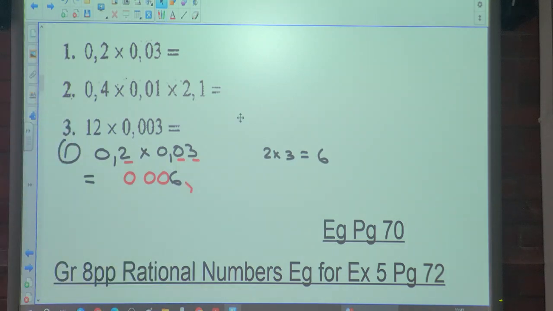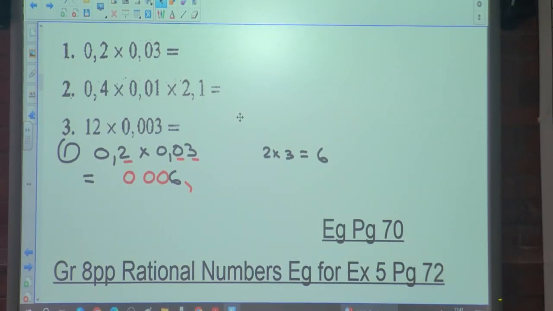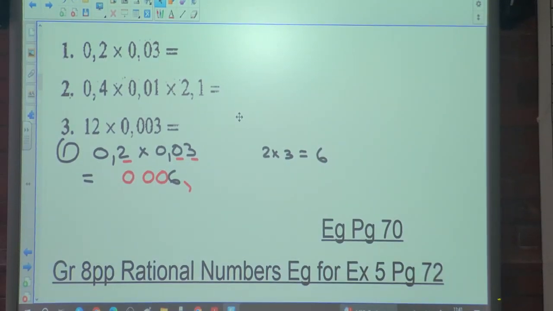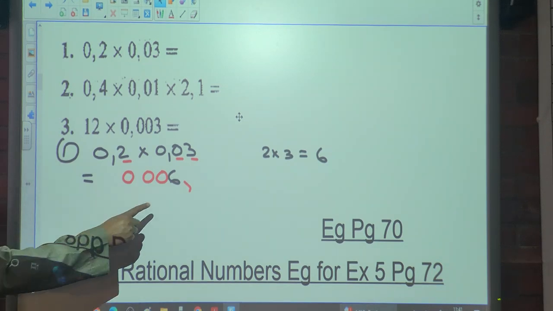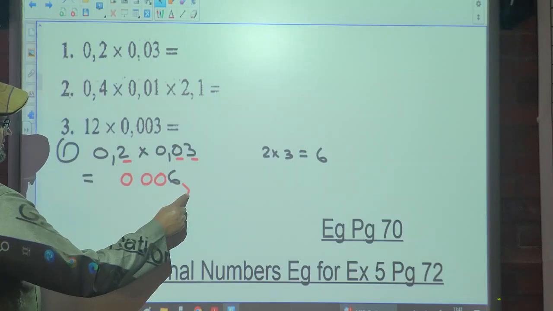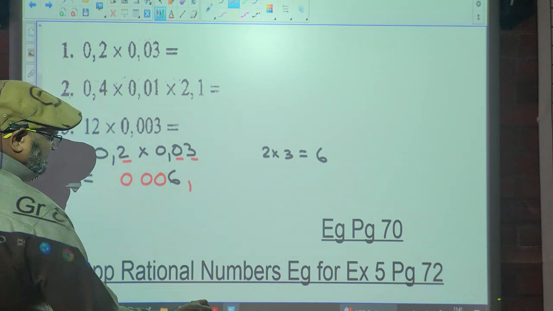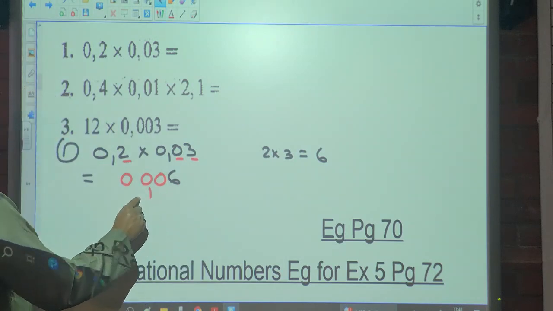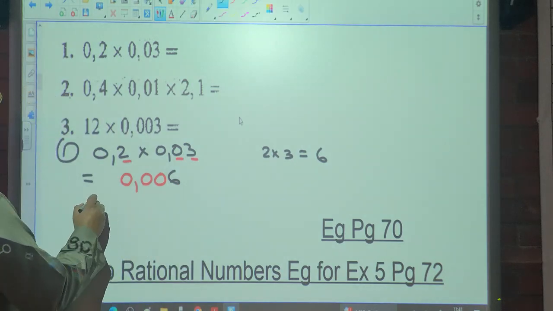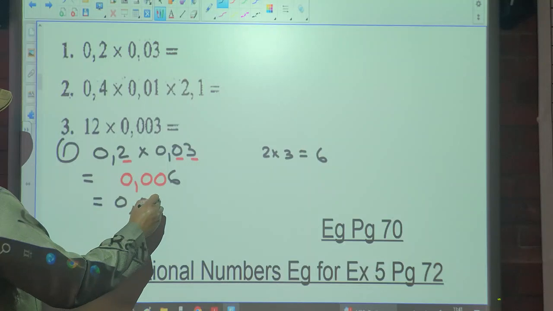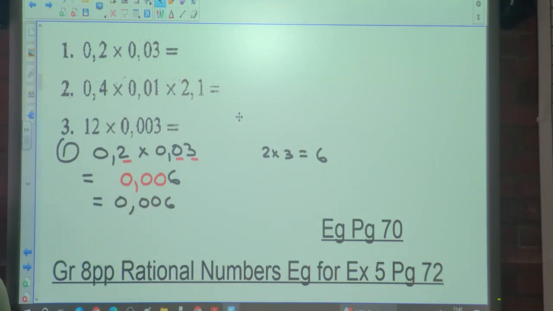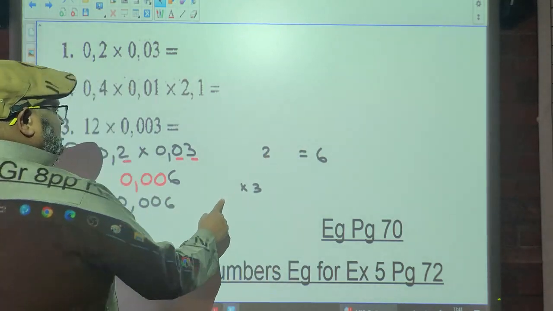Not so? So what must we do with the comma? We must move it 3 units to the left. It's all connected, so it's 1, 2, 3. So the answer is 0,006. Okay, you guys understand? Let's look at the next one.